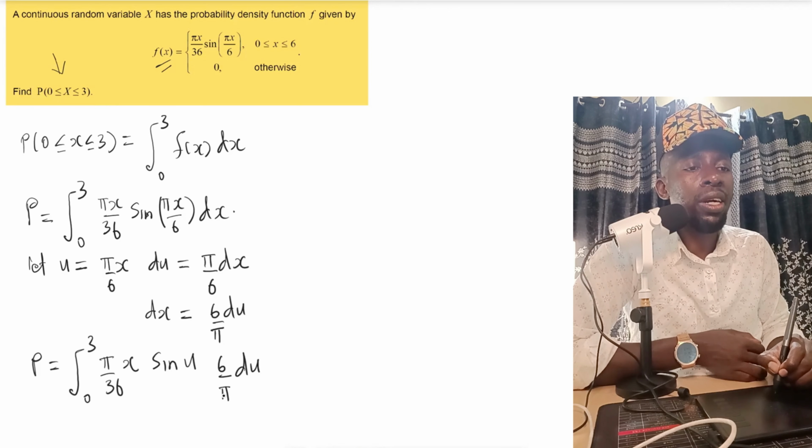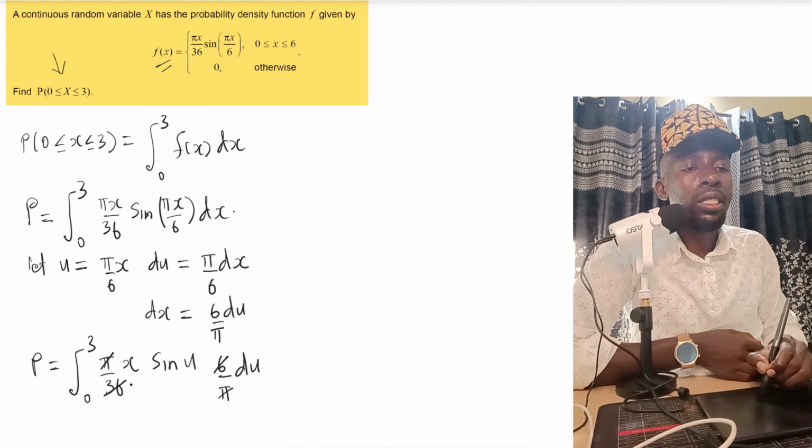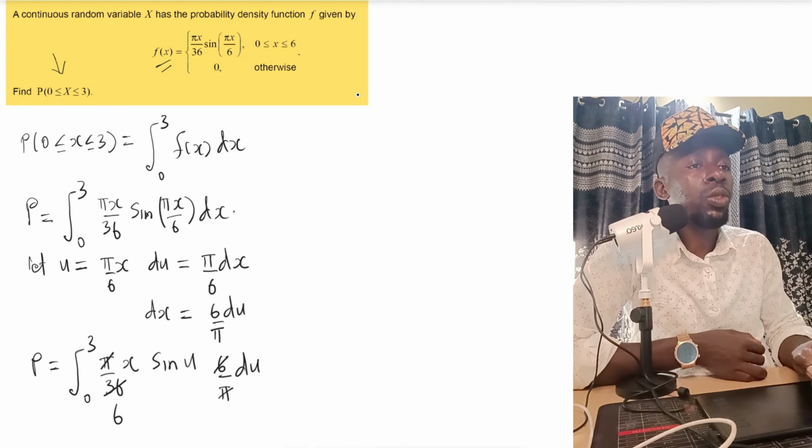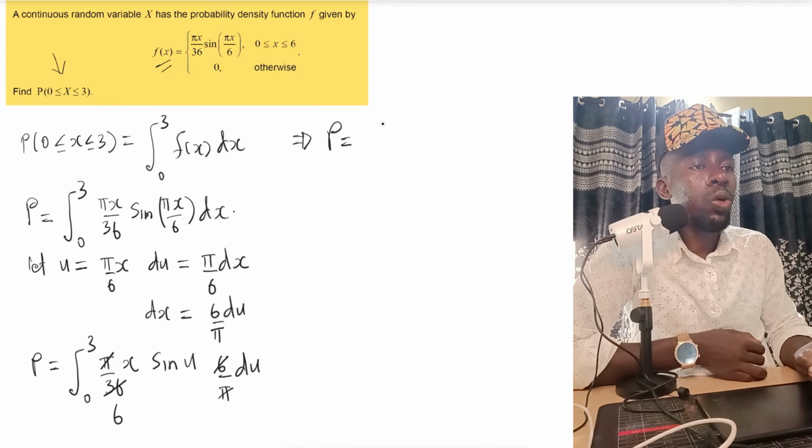Then let us simplify. Pi and pi cancel, and 36 divided by 6 gives us 6. So what next? Here we are getting P equals the integral from 0 to 3.